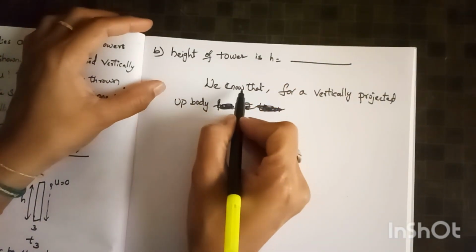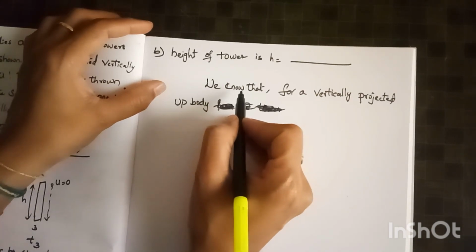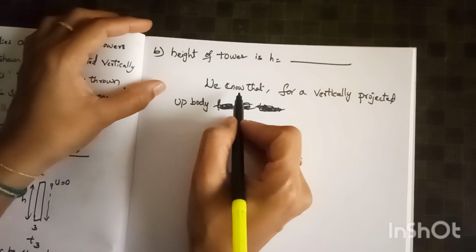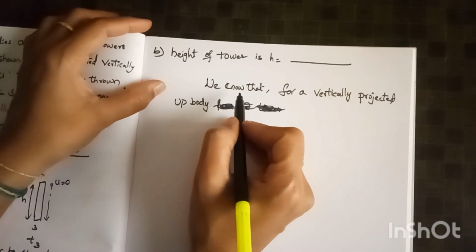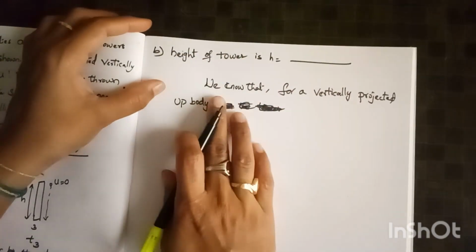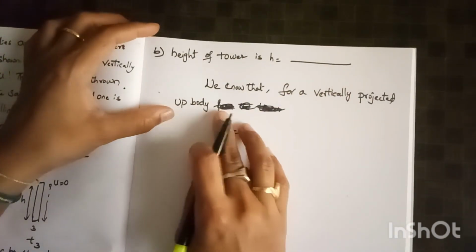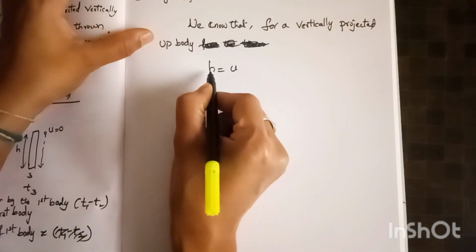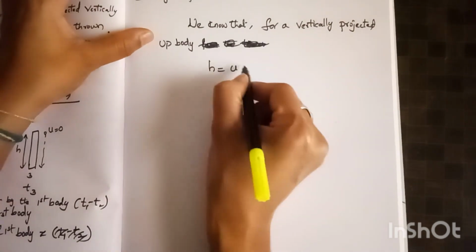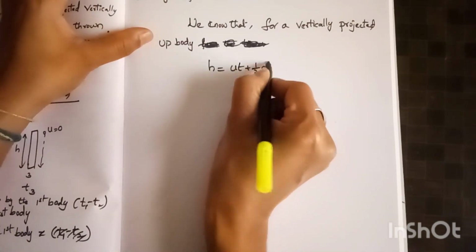So here the object is projected vertically up. The time taken is t1, thrown downward is t2, and freely falling is t3. So here we are going to find the height of the tower. We know that for a vertically projected upward body, s or h equals ut plus half at square.